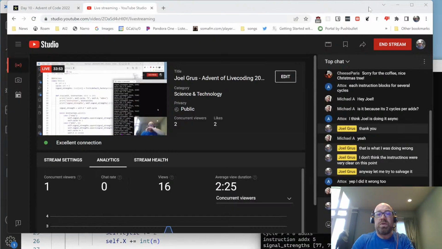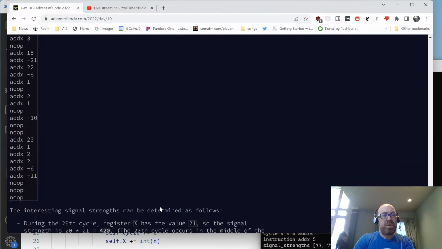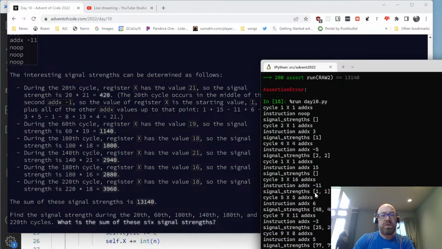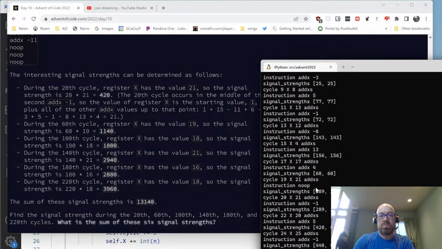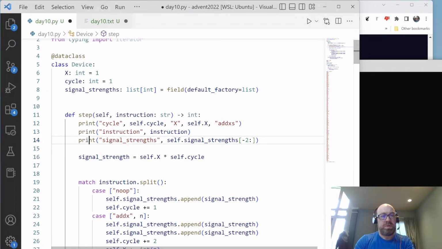And now let us go look at this larger program. Okay, during the 20th cycle, register X is value 21, so the signal strength is 420. Let me just print.